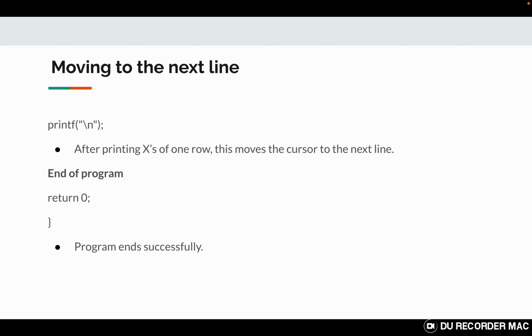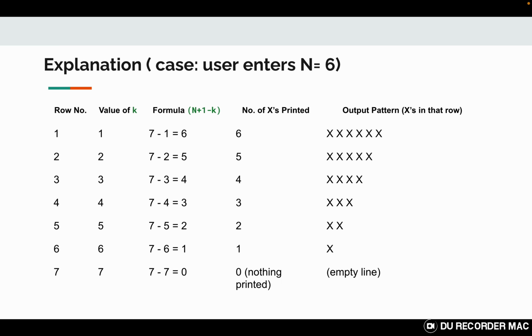Which means it will have a single line of all the x. That is the reason we put printf slash n, so that the cursor will move to the next line. And when the cursor moves to the next line, it will start printing all the x on another line.